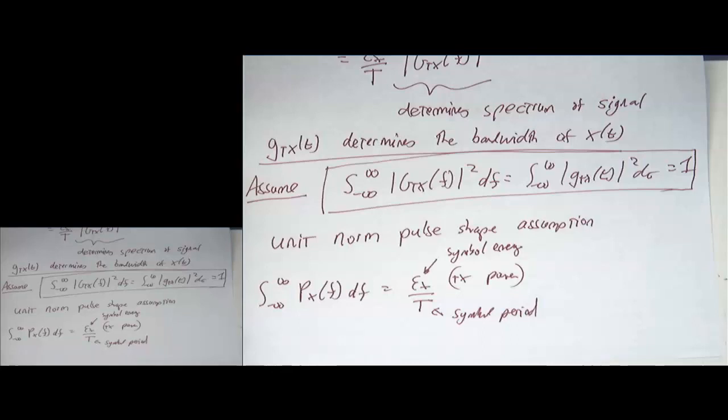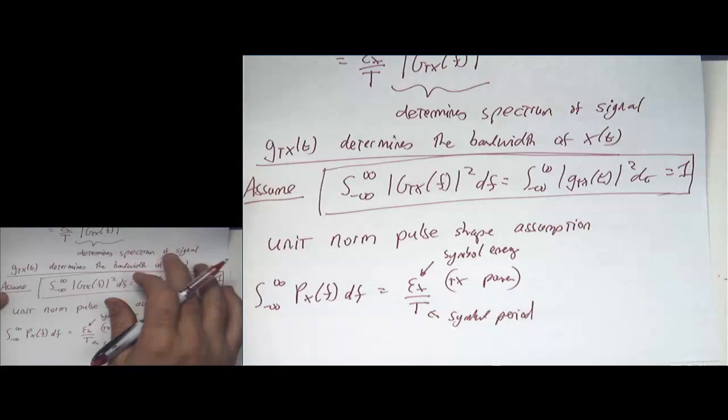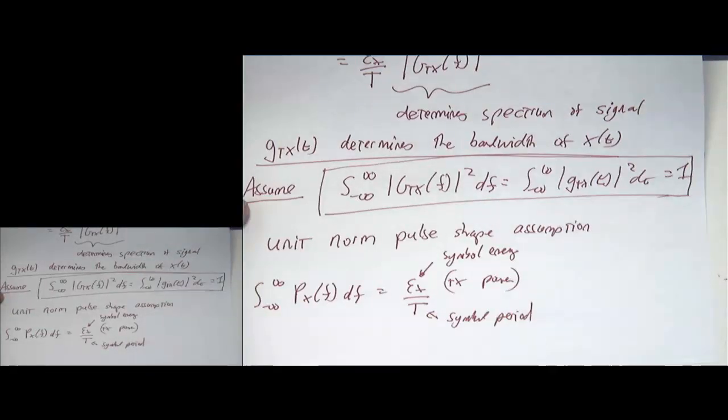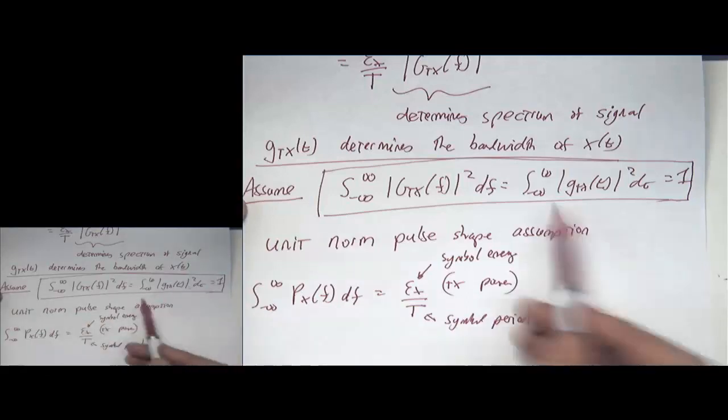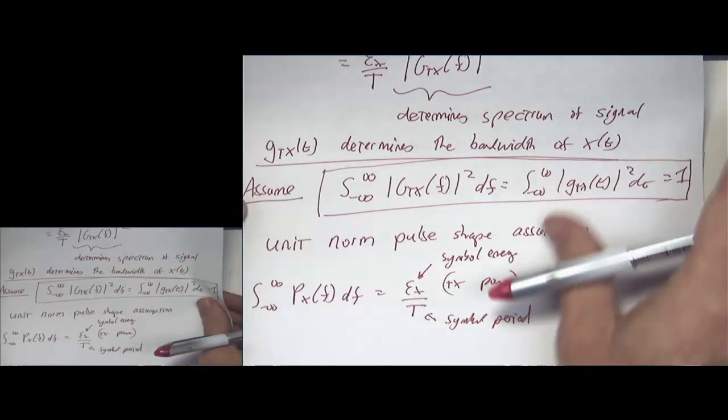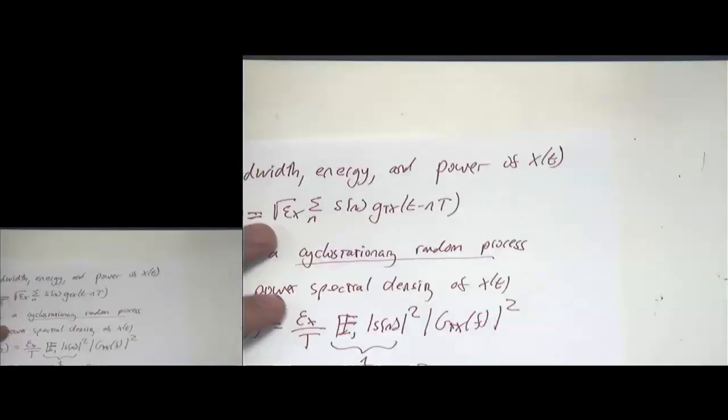So that doesn't change the bandwidth properties. It just makes the normalization suitable for the analysis and also for the digital implementation. No questions? So if you have to normalize a pulse shape, compute its energy. If it's not 1, you divide by the square root of that. Pretty easy.